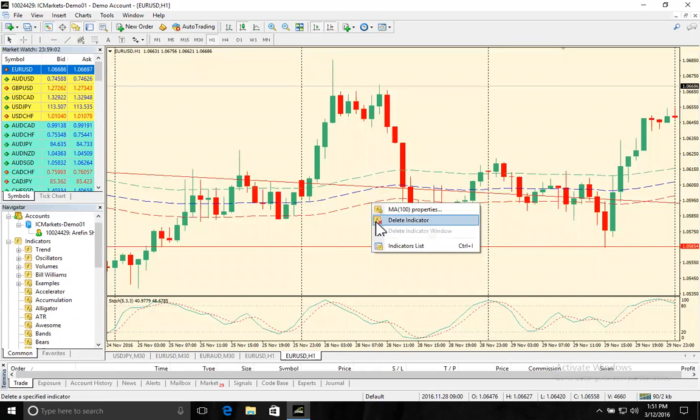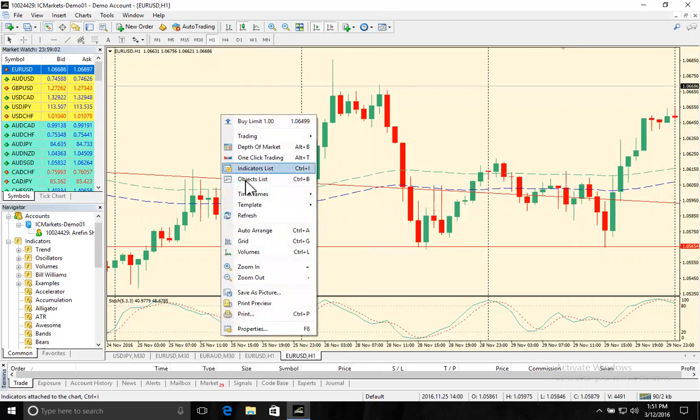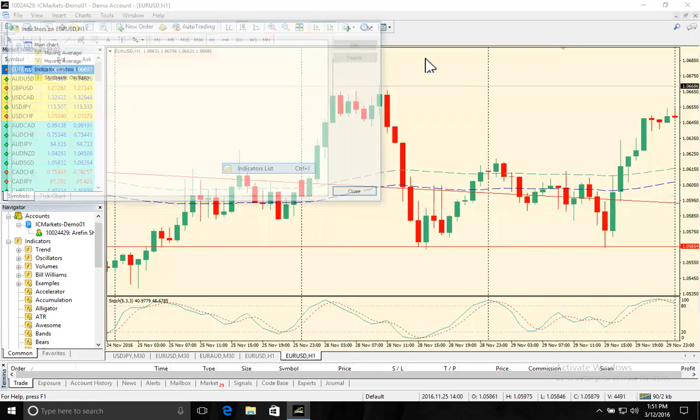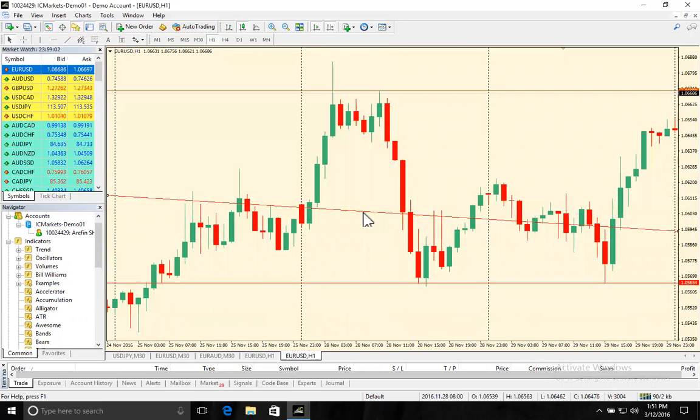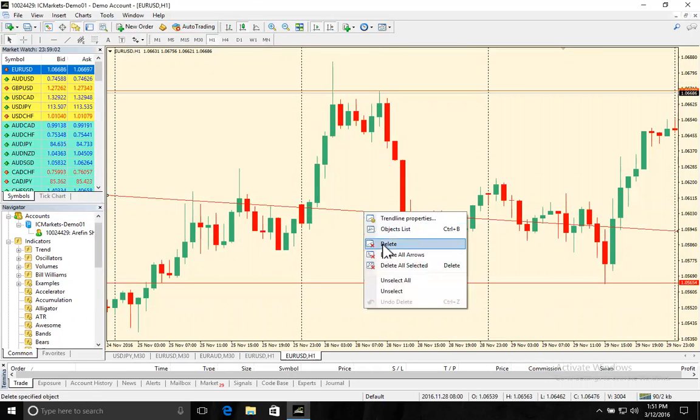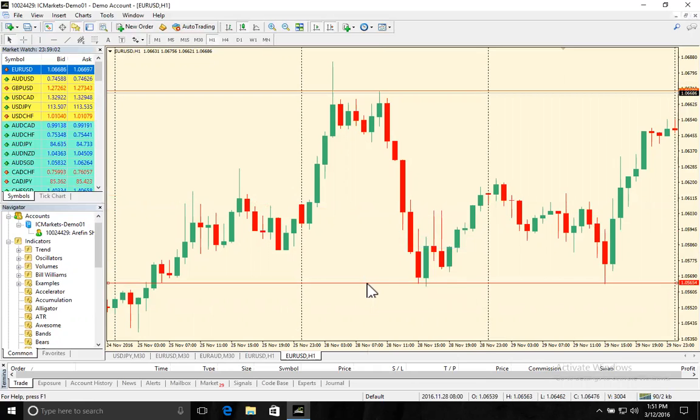I remove all my indicators. Okay, so this is the chart I got for Euro USD, 1 hour time frame.